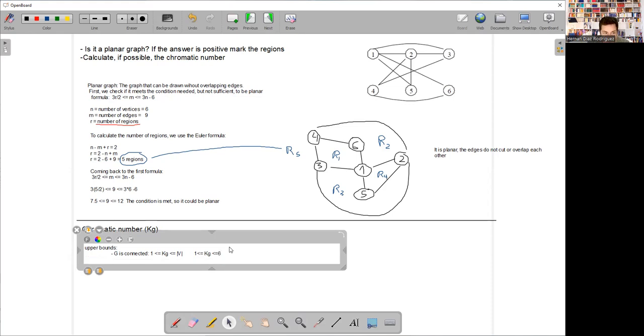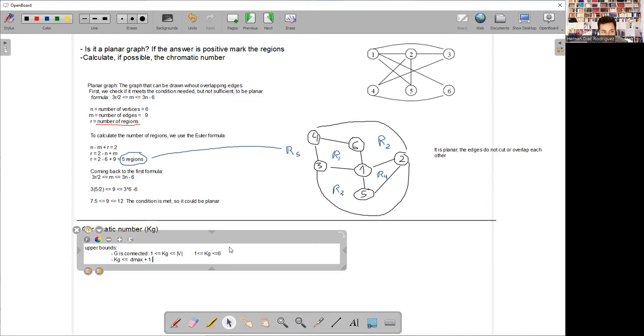Then we continue, right? And we know that the chromatic number must be less equal than the maximum degree of the vertices plus 1.